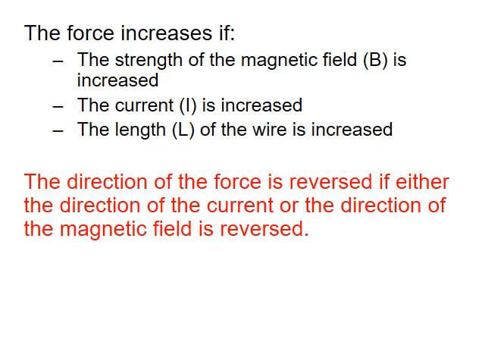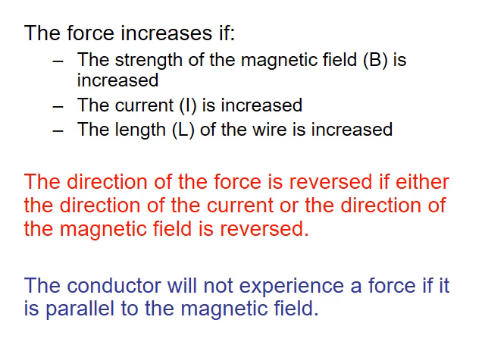The direction of the force is reversed if either the direction of the current flowing through the wire changes or the direction of the external magnetic field is reversed, so it goes from north to south or from south to north. The conducting wire will not experience a force if it is parallel to the magnetic field, because there's actually going to be no change in the magnetic field as it moves up and down. This change is important to understanding the principle.